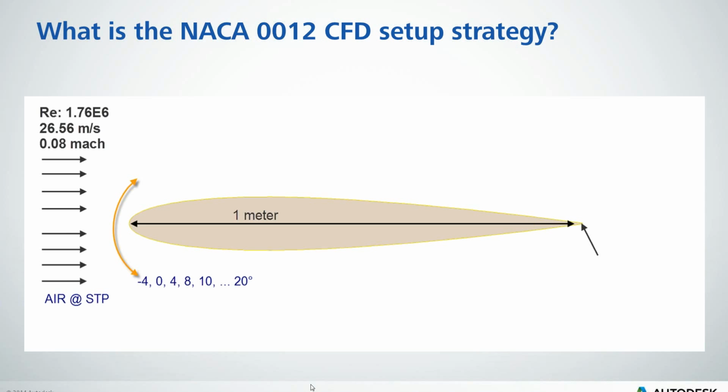For the wind coming at the airfoil, we're going to be using a Reynolds number of 1.76e6, which is about 0.08 Mach, so this is well within incompressible ranges. And this is air at standard temperature and pressure. We're going to vary our angle from -4 all the way up to 20 degrees, so we capture our stall condition as well as look a little bit at the reverse rotation of the airfoil.